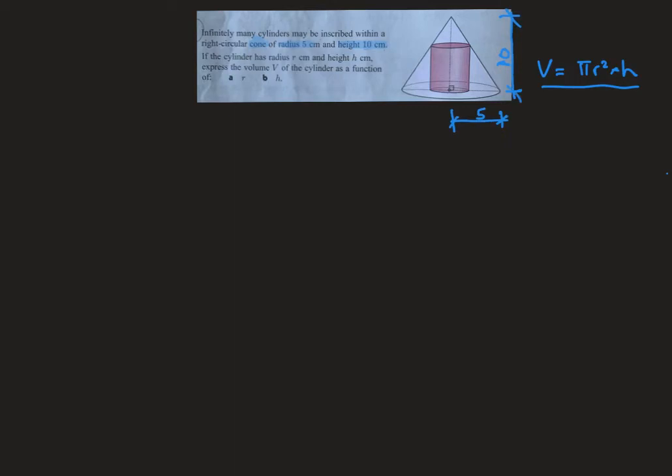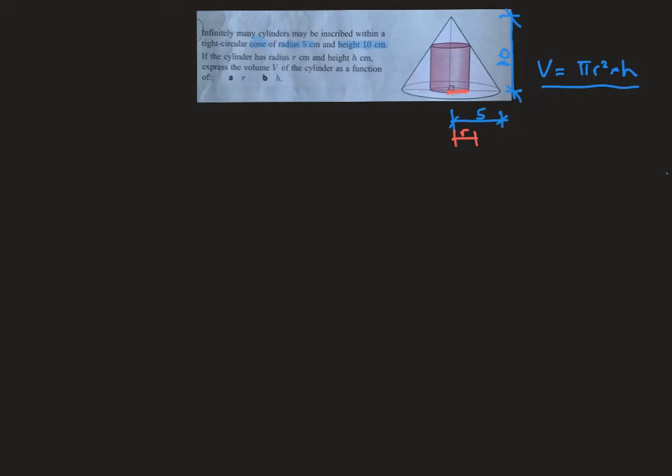Now, we have two other variables that are given. The cylinder has a radius of r, so this is the radius of the cylinder.